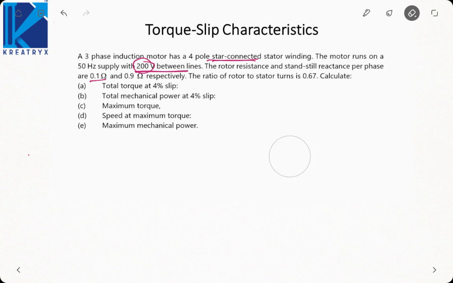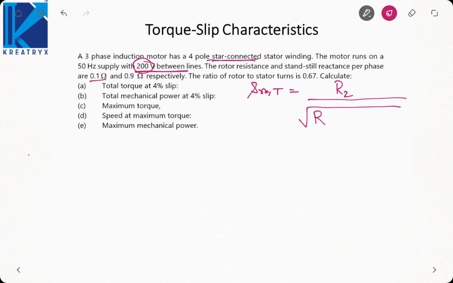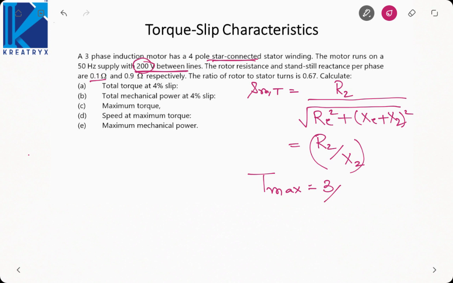So for maximum torque, first you must understand the condition. Slip for maximum torque is R2 upon the square root of RE square plus (XE plus X2) square. If you neglect stator impedance, that is, you neglect RE and XE, it is R2 by X2. In such a case, the maximum torque is 3 by omega s, V2 square by 2 into X2.